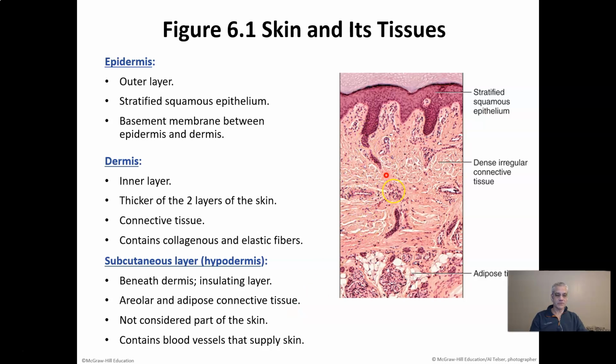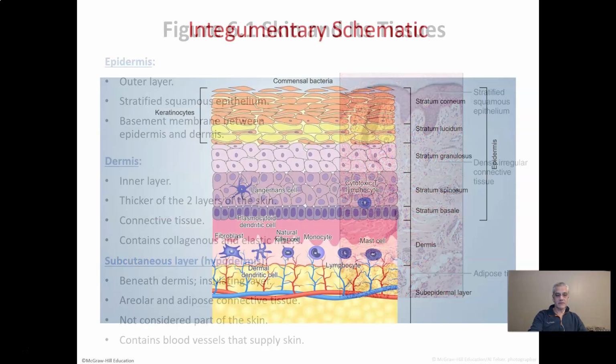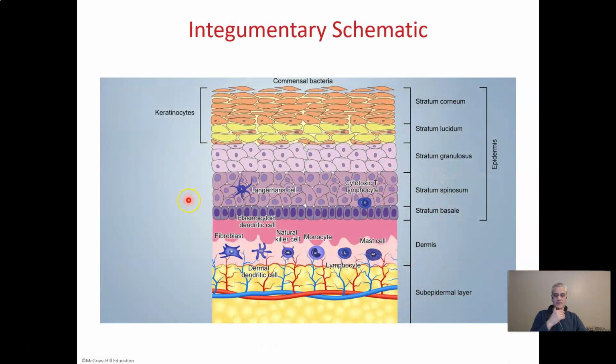So this is an actual micrograph of what skin really looks like, the epidermis, dermis, and hypodermis. Now, this slide is more of obviously a graphic representation, or just a picture. As I've said, it's the integumentary schematic. How is it built?